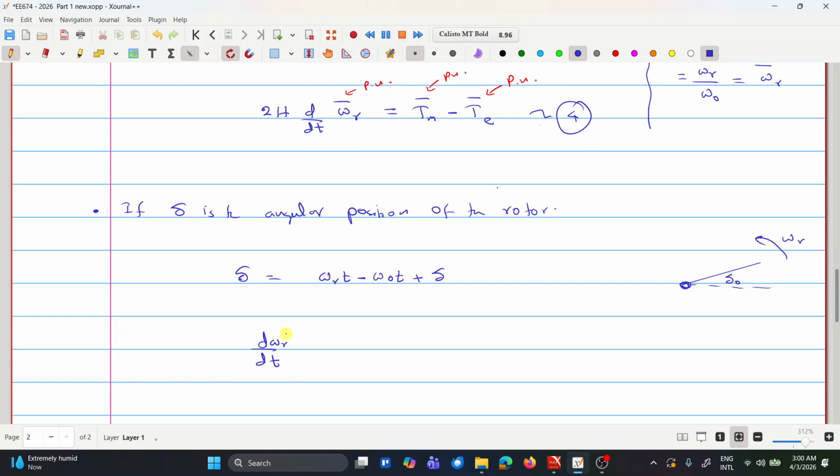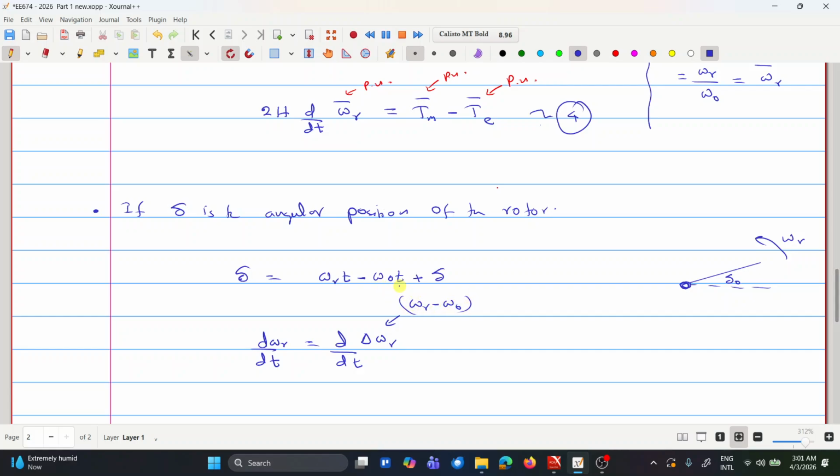Actually from here you can see that we can take this as the change in omega r, d over dt delta omega r, where delta omega is equal to omega r minus omega naught.